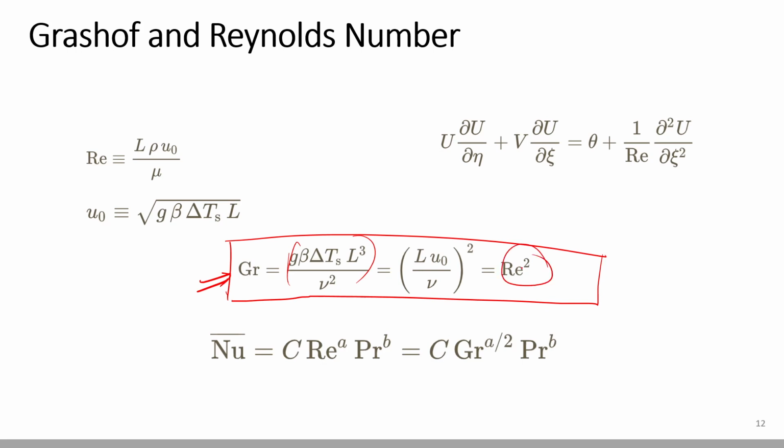It is essentially the square of the Reynolds number. So if you put it in the Nusselt number correlation, which is proportional to Reynolds number times Prandtl number, we find that the Nusselt number is also proportional to the Grashof number, while the Prandtl number will remain the same.